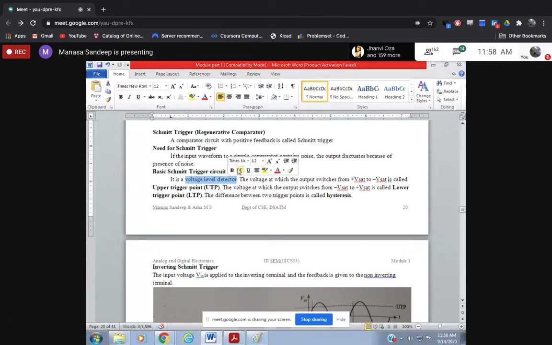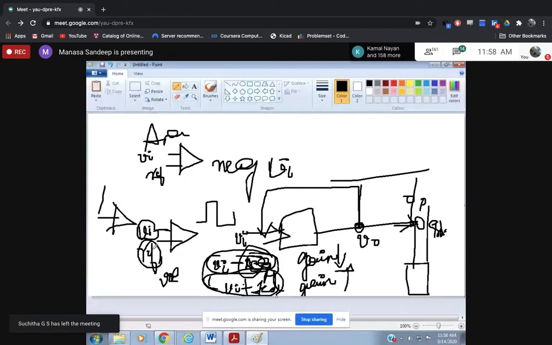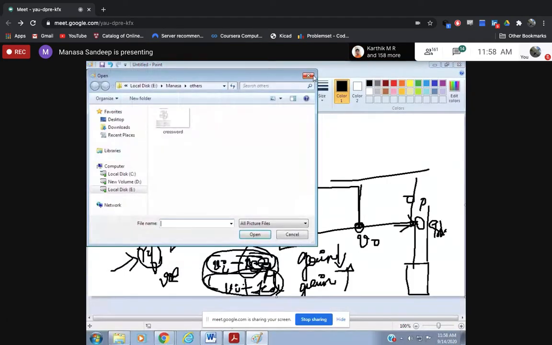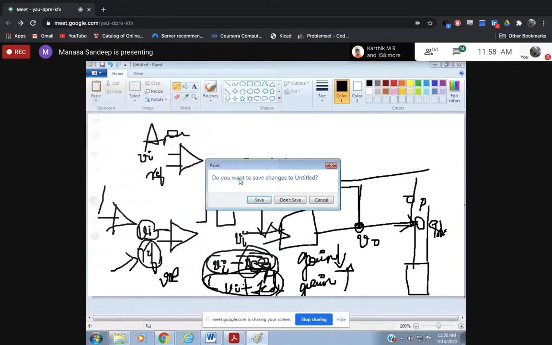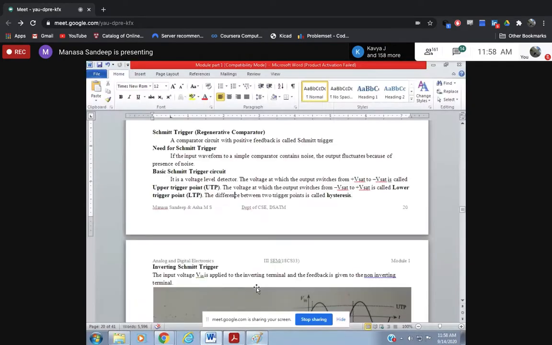So here, in the comparator, I told you you are going to have one reference voltage, whereas in the Smith trigger, we will be having two reference voltages. Which are those two reference voltages? The upper trip point or upper trigger point.